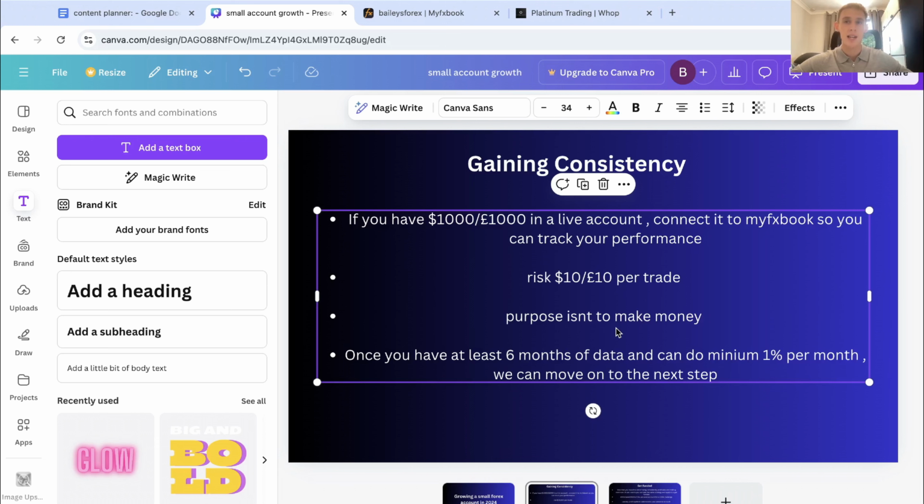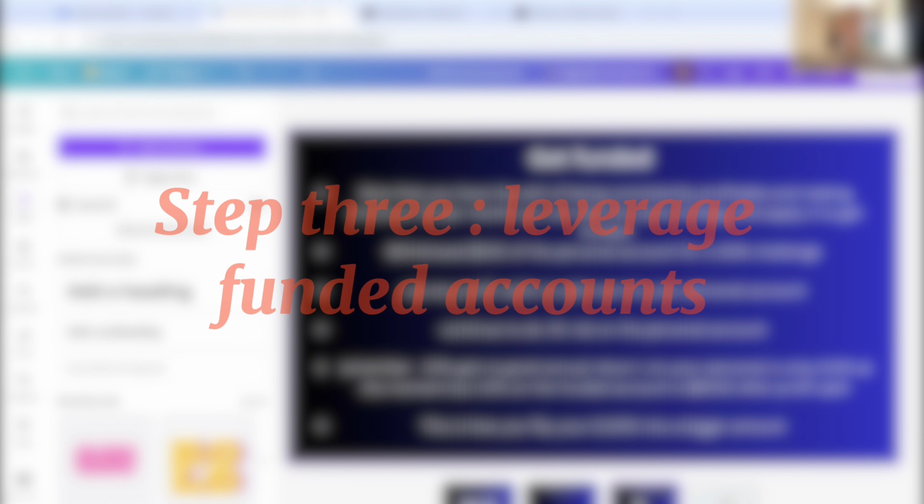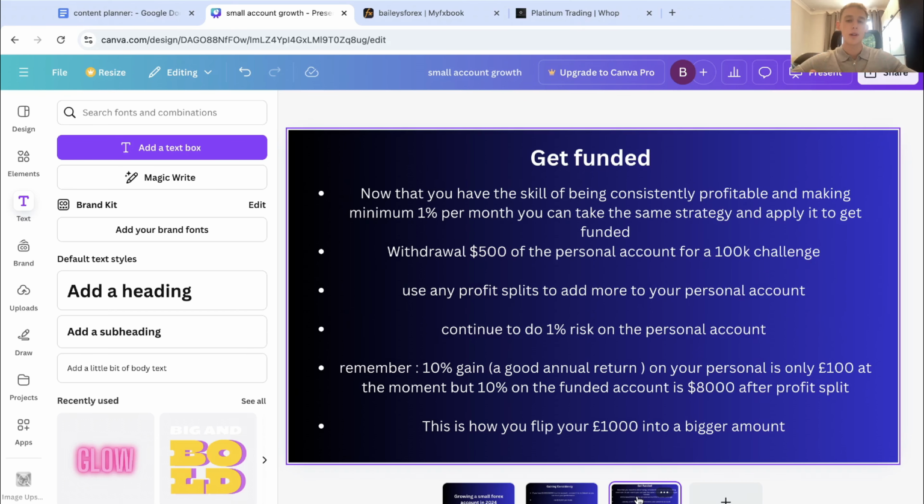We're doing it in the sense that we're doing it in a more sustainable way, which brings me over to the final step, which is actually just to get funded. So like I said before, if you have £100 or £1,000 in an account, even if you make a 100% gain, that's only £1,000, which obviously is not a livable amount, especially as 100% is a very big return.